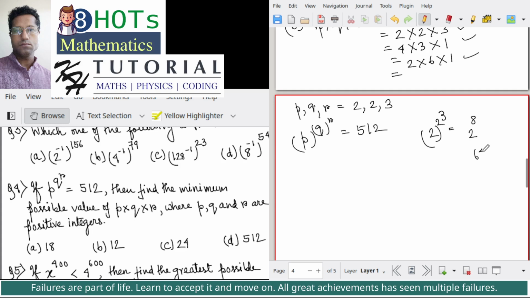What is 512? 64 multiplied by 2 is 128. Again multiplied by 2 is 256, and again multiplied by 2 is 512. 64 is 4 squared, which means 2 to the power 4... 64 is 4 cubed, which is 2 to the power 6.